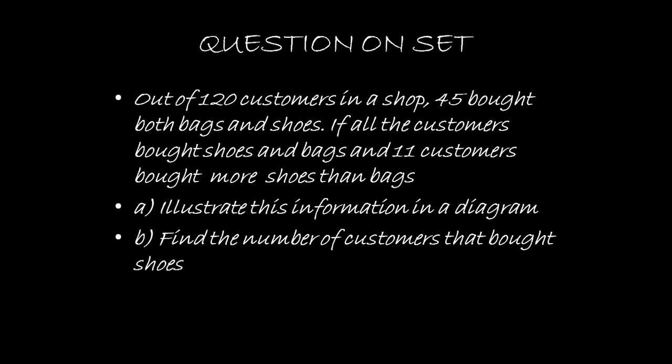We proceed straight to our solution. This is our Venn diagram. The rectangle shows the universal set, and we have that as 120. The cardinality of the universal set is 120, that is the number of customers that came to the shop.